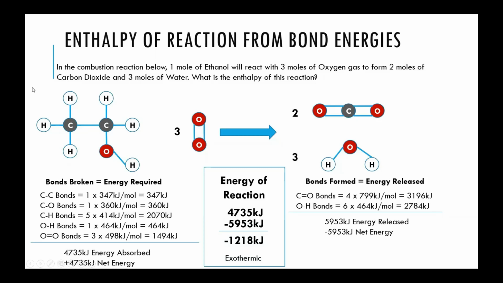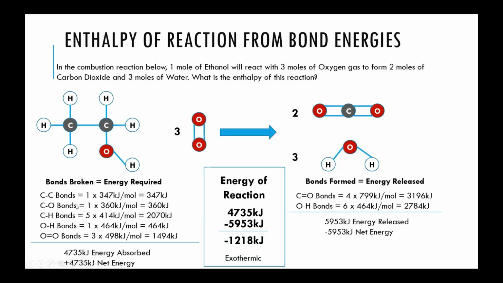So on the reactant side, there is 1 carbon-carbon bond, 1 carbon-oxygen bond, 5 carbon-hydrogen bonds, 1 oxygen-hydrogen bond, and 3 oxygen-oxygen bonds. There are 3 molecules of oxygen. They each have 1 double bond, so there are 3 of them in total.